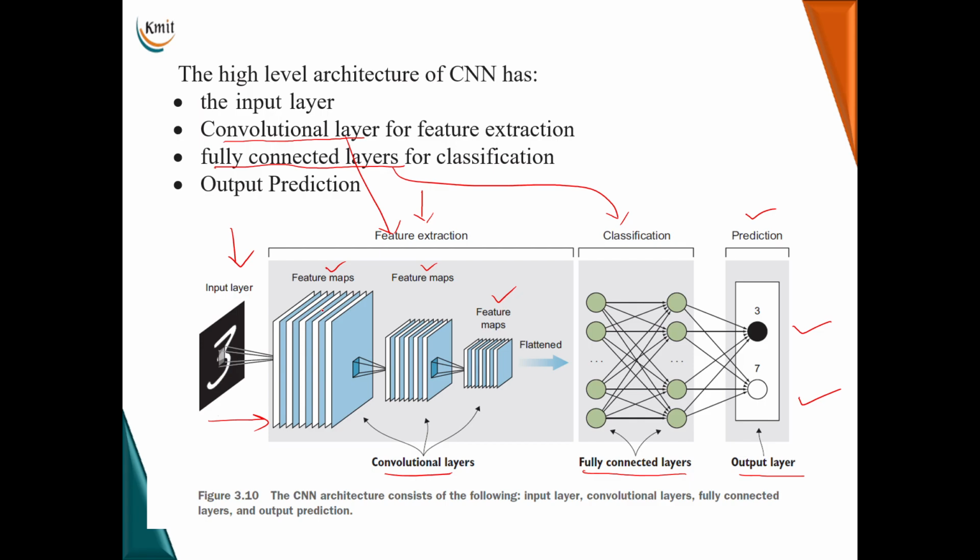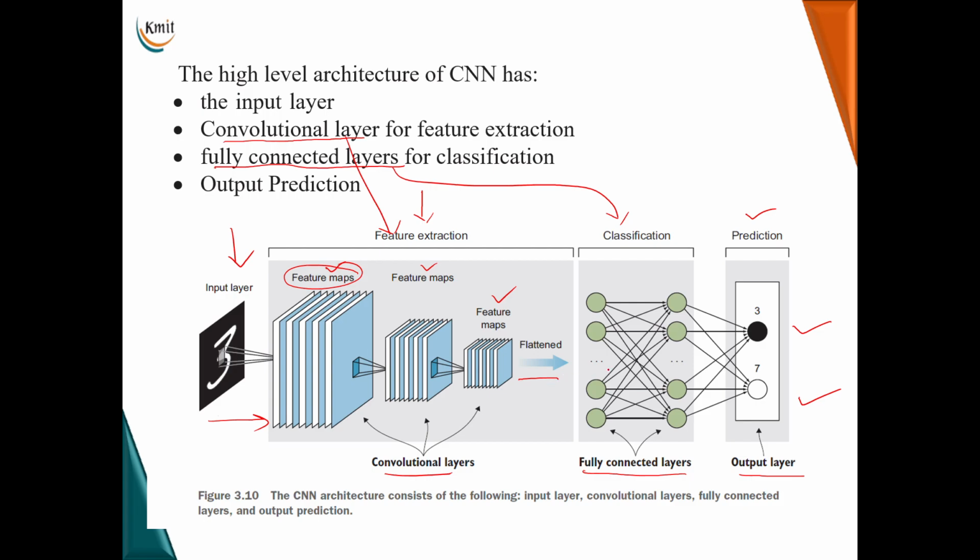Now what are these feature maps? The first CNN layer will detect the patterns of this image and extract the features, which are called feature maps. Now these feature maps, given as input to the second convolutional layer, will be used to extract features as well as detect patterns, and so on. So these feature maps are nothing but the detected patterns as well as the extracted features. Once the features are attained at the output of the convolutional layer, they are flattened.